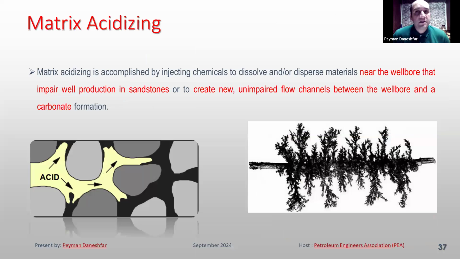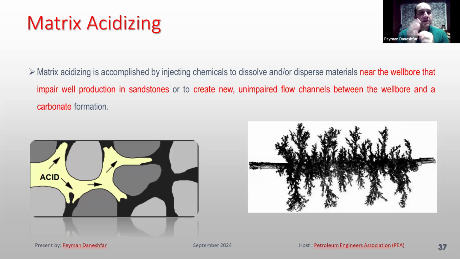Now, what is matrix acidizing? Matrix acidizing is accomplished by injecting chemicals with the acid to dissolve or disperse materials near the wellbore that impair well production in sandstone, and to create new unimpaired flow channels in a carbonate.